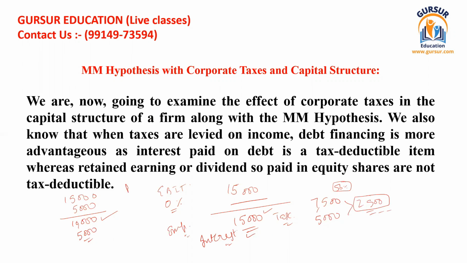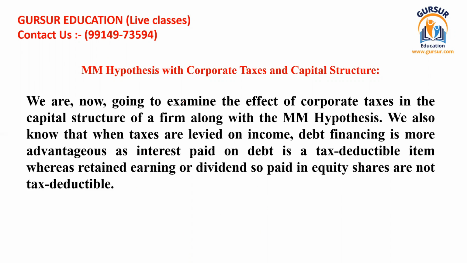So this is all the hypothesis of Modigliani and Miller. If corporate taxes are in existence, they have given two kinds of firms. The first is the unlevered firm, and the second one is the levered firm. The unlevered firm is the firm which does not have any kind of debentures, but the levered firm is the firm which has debentures.